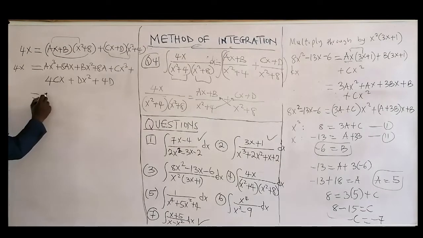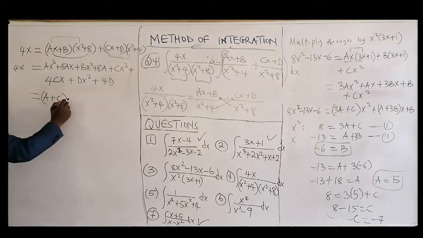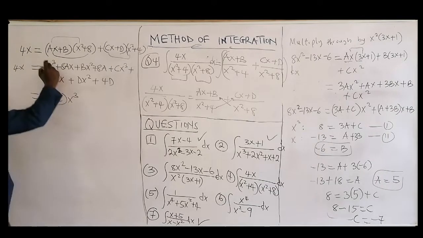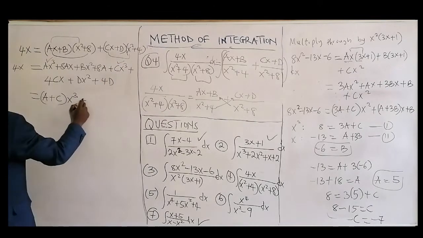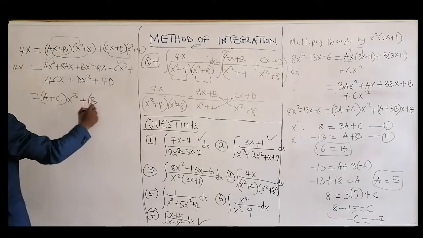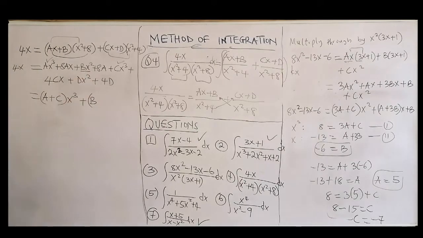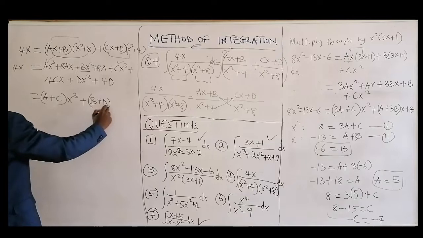So let's try to collate together. This will be a plus c times x cubed. Then x squared, we have b plus d.